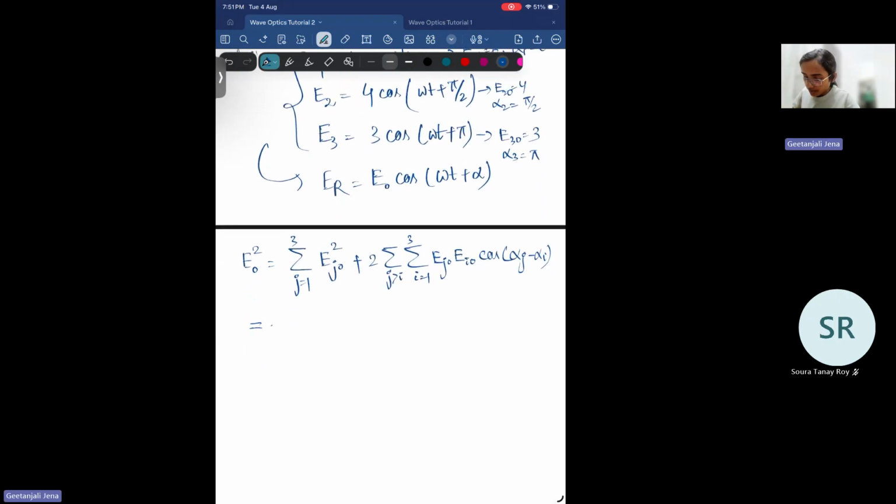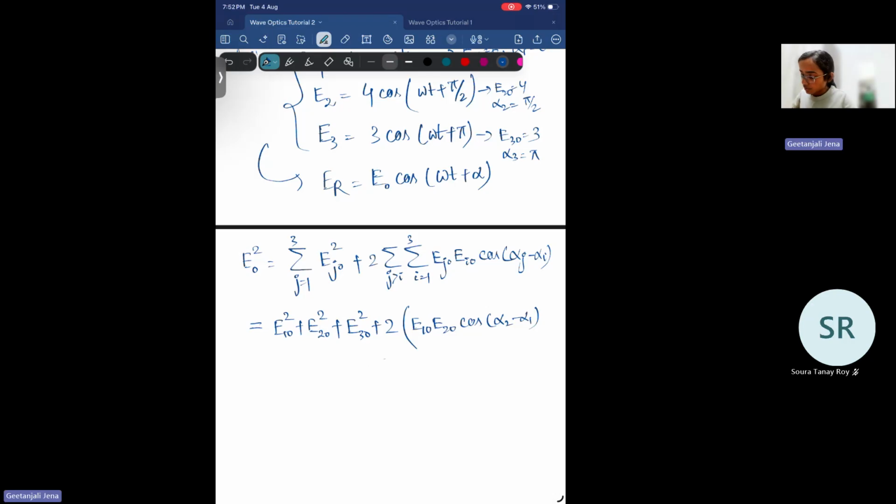So we have E10 square, E20 square plus E30 square plus 2 times, let us put I1. So I1, E10, E20 cos alpha 2 minus alpha 1.